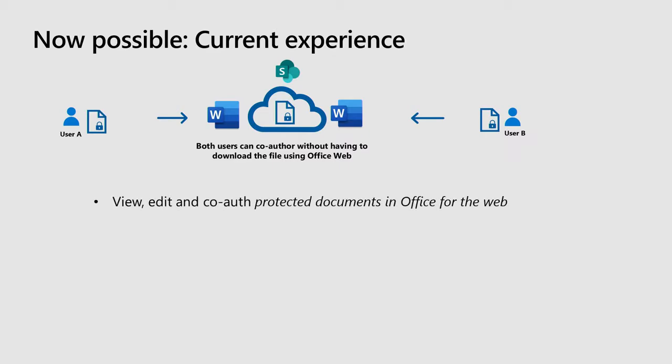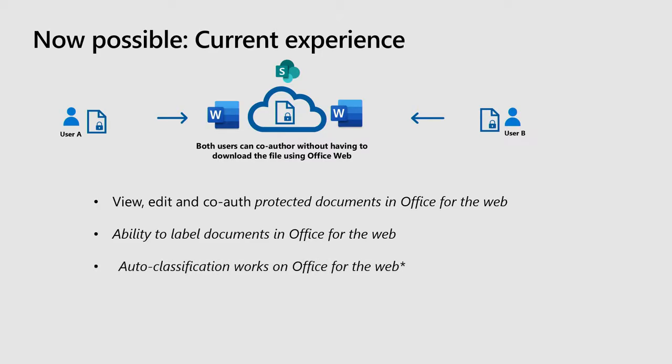View, edit, and co-authoring of documents in the Office clients online. The ability to label these documents on the web application. Auto-classification also kicks in on the web. So if you have a label that looks for social security numbers on documents and applies a label called highly confidential, that would work. Currently, this is supported in Word, and we will follow shortly with Excel and PowerPoint.